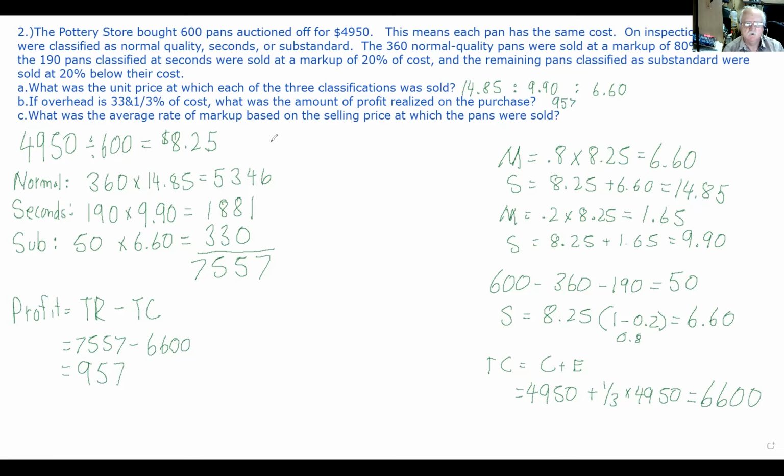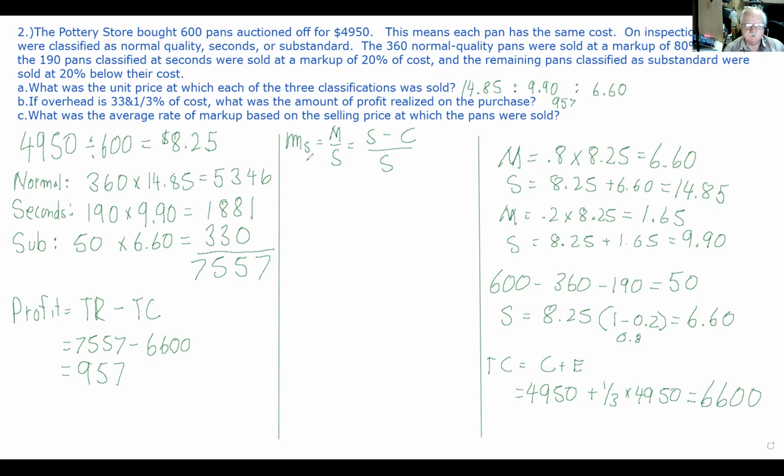957. So here again, the average rate of markup based on selling price. And here's where they want us to stretch this concept a little. So let's squish it in here and see if we can make it make sense. Our basic formula for rate of markup based on selling price: markup based on selling price equals markup divided by selling price, which is selling price minus cost over selling price.